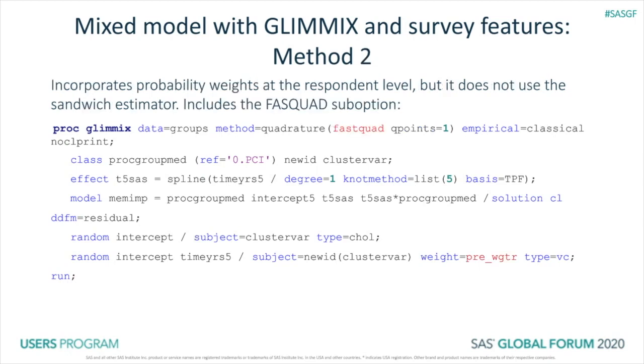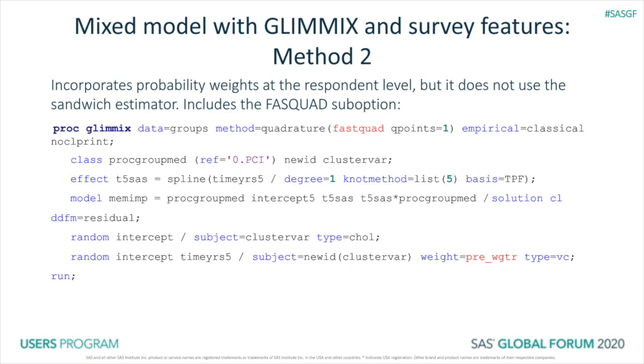And then in the second model, we add, layer by layer, or step by step, each of the survey features. First, we add the probability weight in the second RANDOM statement, as we saw on the first slide. And then we keep METHOD=QUAD, so we are obtaining the weighted likelihood function. A new feature here is the FASTQUAD suboption.